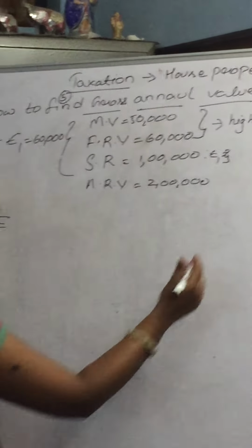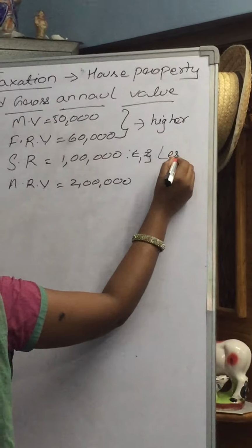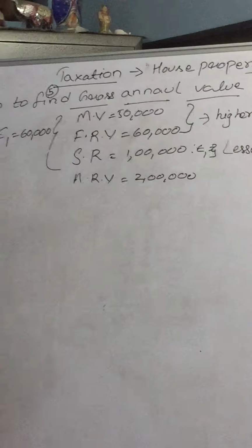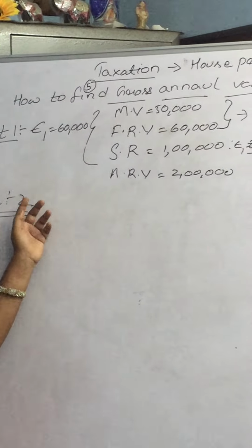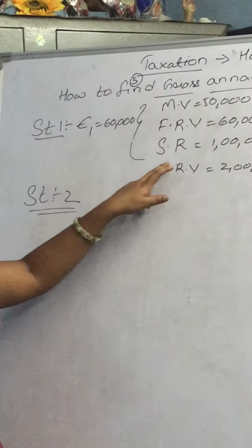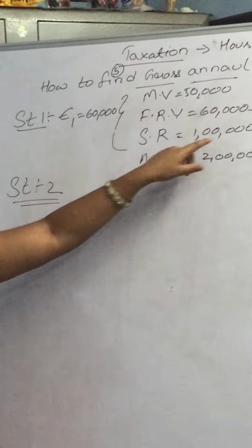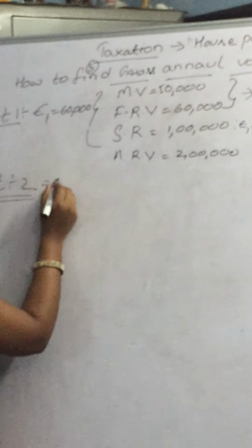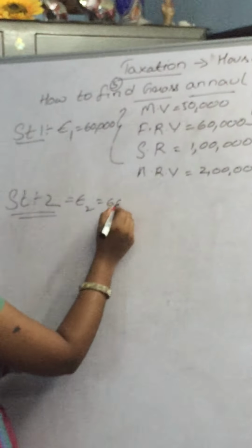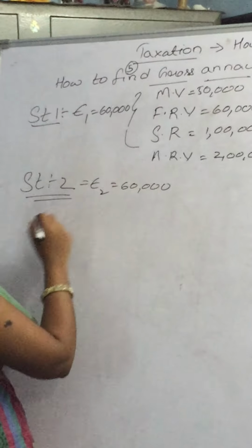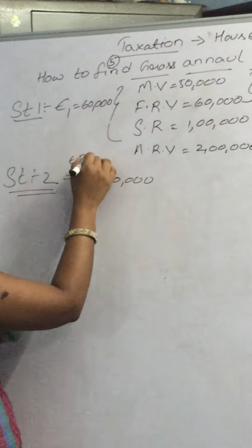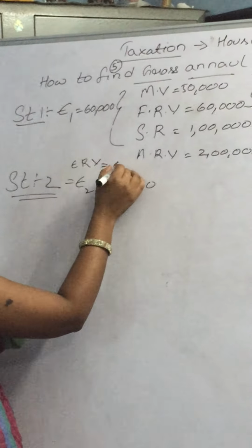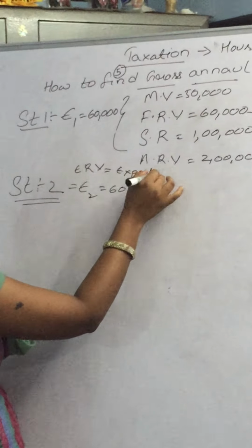So 1 lakh and 60,000, whichever is less is 60,000. So E2 is equal to 60,000. E2 means ERV2. ERV means expected rent value.